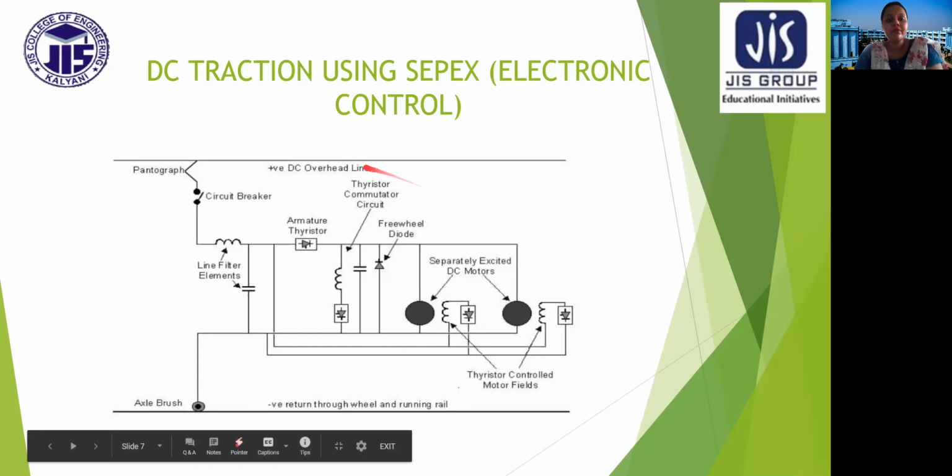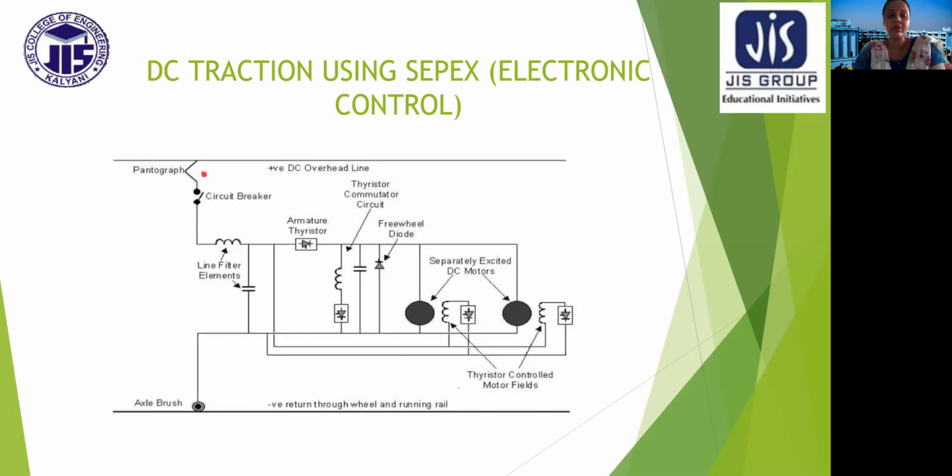So from the positive overhead line, the pantograph is connected. This is the overhead collector that we are going to study here again, the pantograph. And from the pantograph through a circuit breaker, this is connected to a filter element so that the primary noise gets reduced. After that, it is connected to the armature thyristor so that this AC voltage is converted to DC. This is a rectifier circuit.